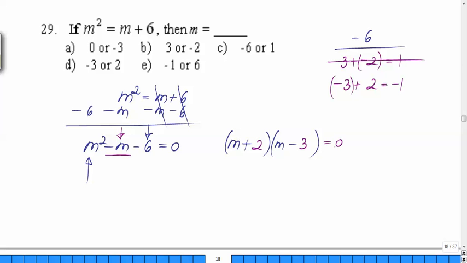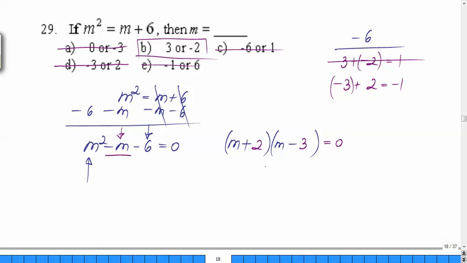Now please do not rush and say, yes, I've got it, it will be negative 3 and 2, because that will be a wrong answer. And obviously you can eliminate negative 6 or 1, negative 1 or 6. A also could be eliminated. Obviously we're left only with B, which should be the right answer.